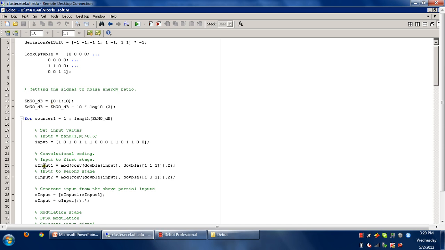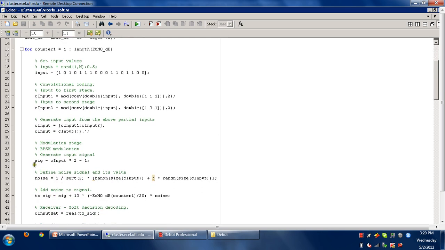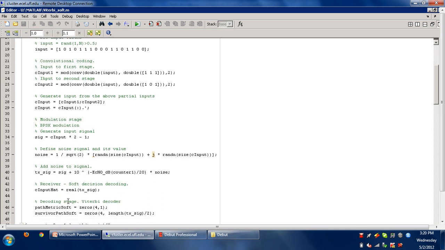Here we are calculating the intermediate inputs from the convolution codes. This is the transmitted input. This is the convolution code. This is the final convolution code which is given to the BPSK modulated signal, and noise is added at this point, where signal and noise are added together to form the additive white Gaussian noise.